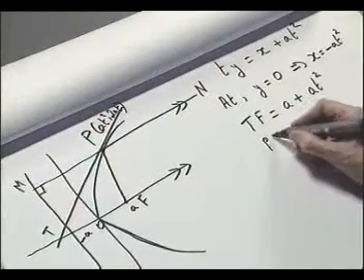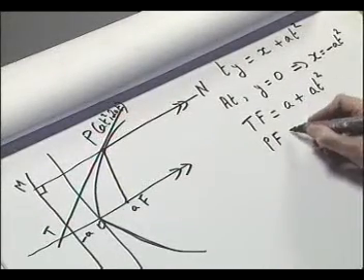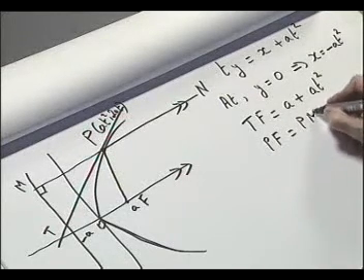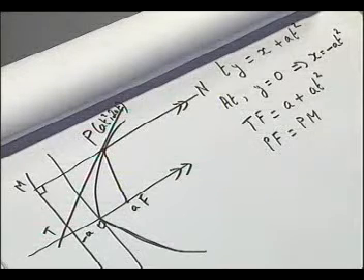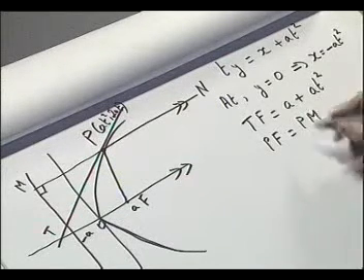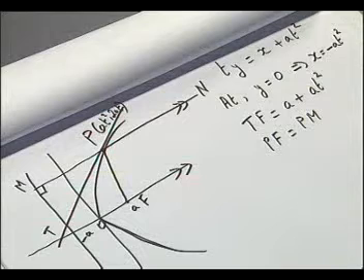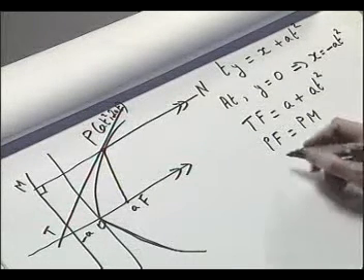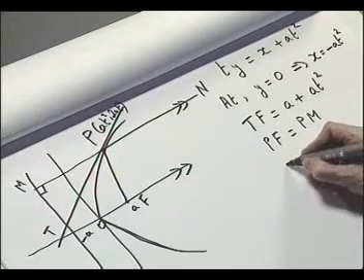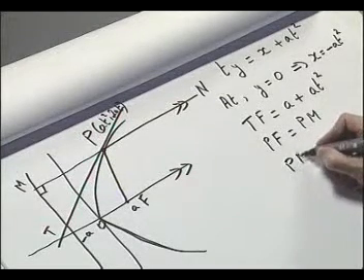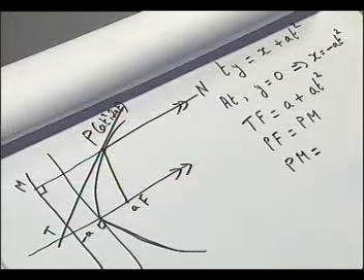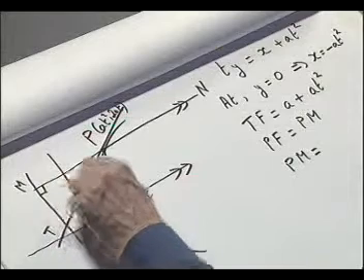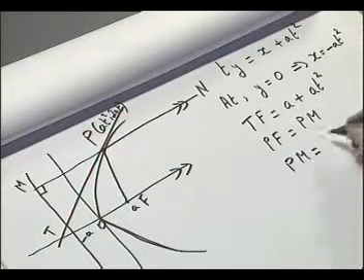We know that PF is equal to PM, because that comes from the definition of the parabola. But we also know what PM actually is. PM is this distance a plus this distance here, which is at squared.